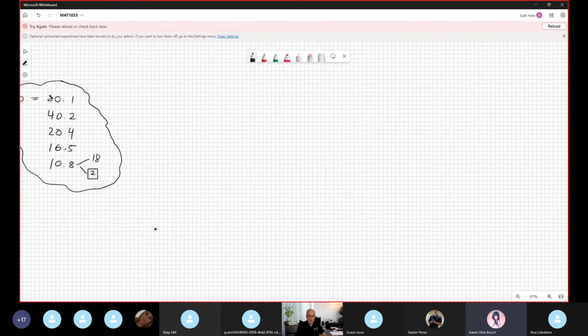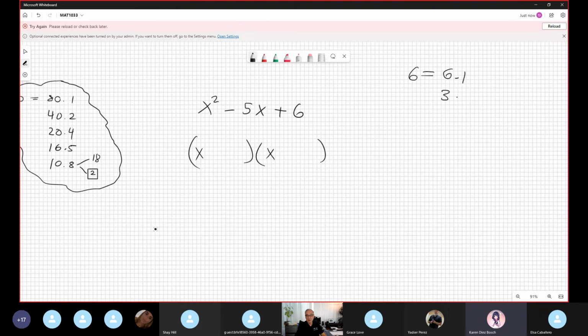Look, suppose one easy: x squared minus 5x plus 6. Because I remember, I want to illustrate one idea. I open two parentheses. I put x, and 6, I analyze 6 as 6 times 1, and 3 times 2.